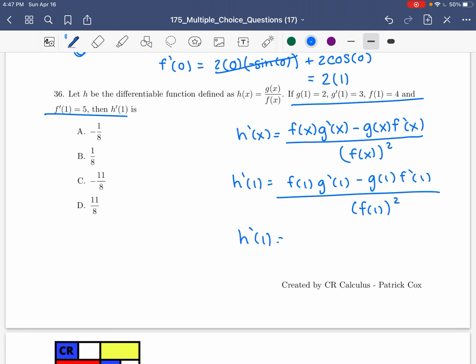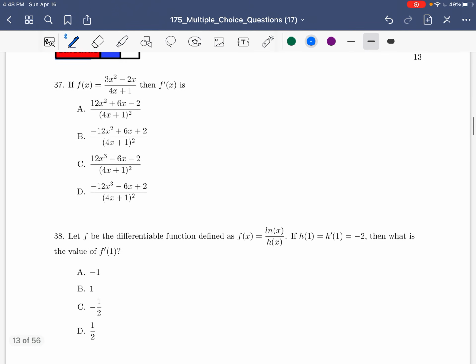So I can see that h prime of 1 is going to equal 4 times 3 minus 2 times 5 over 4 squared, which is 16. So if I do the math here, I get 12 minus 10, which is 2/16, which should equal 1/8, or B. So those questions are just testing, do you remember product and quotient rule?